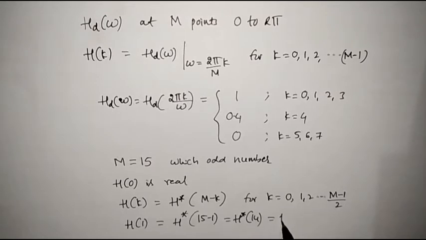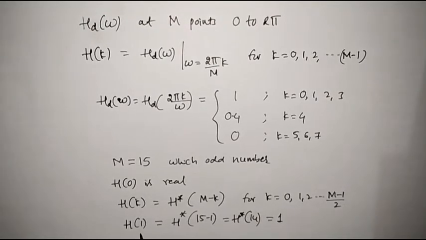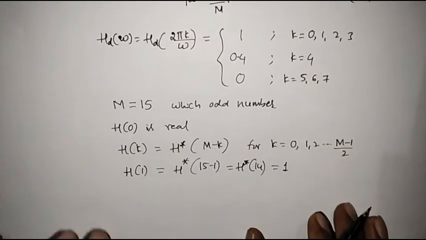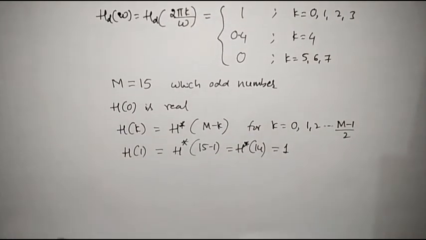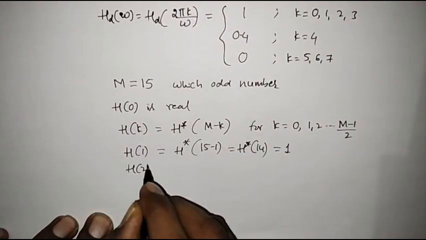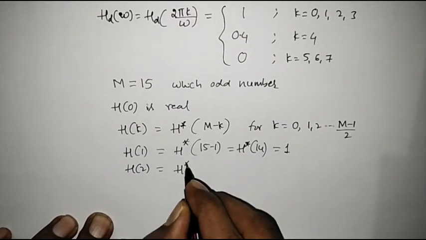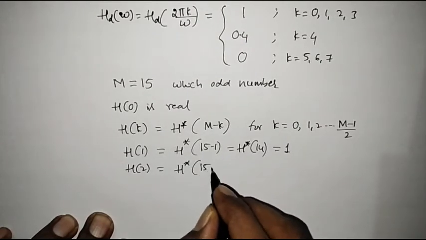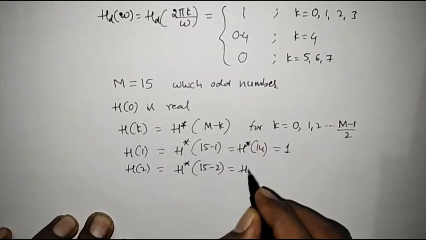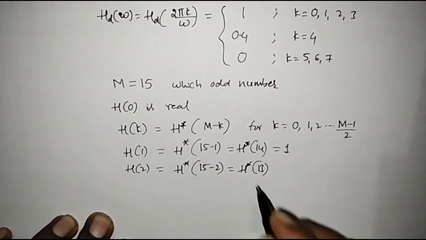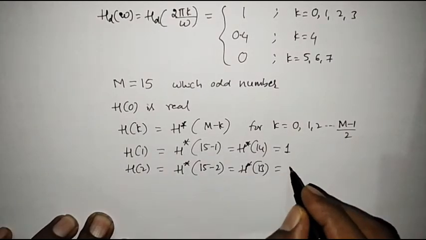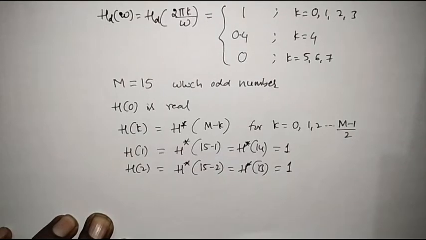Its value is 1, because H of 1 is 1, therefore H star of 14 is also 1. Similarly, H of 2 is equal to H star of 15 minus 2, which is H star of 13. Its value is also 1.